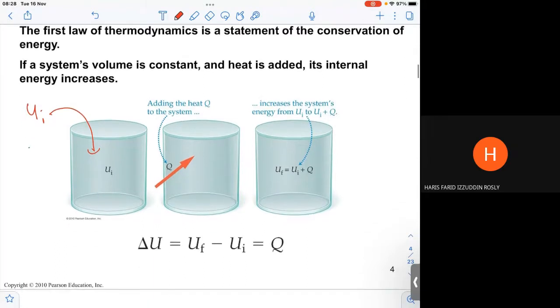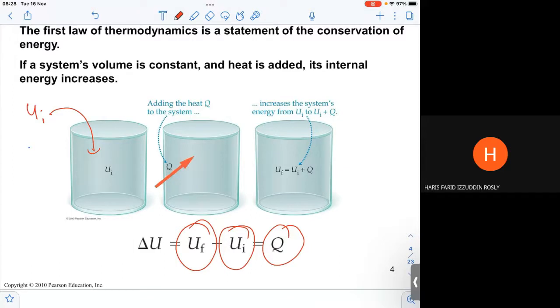So we are saying that delta U, which is the final internal energy minus the initial internal energy, is equivalent to the quantity of heat. If you want to know the quantity of heat, we need to know the final internal energy and the initial internal energy.